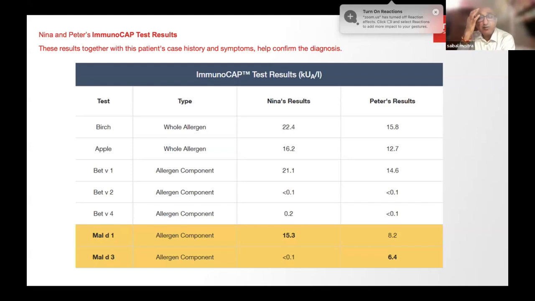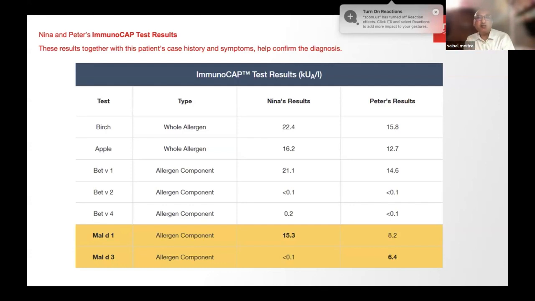So I would just like to ask Soundarya a pertinent question. If you just look into this result, you see that to the birch whole allergen, Nina's results are positive, Peter's are also positive, and to the apple whole allergen, both are positive again.